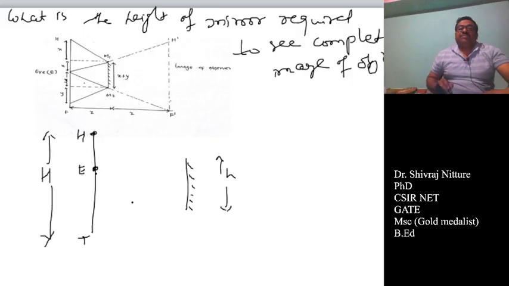To see his complete image in this mirror, he should see his head and toe in the mirror. Then only he can see. First, the ray coming from the head, hitting the top of the mirror, should reflect.